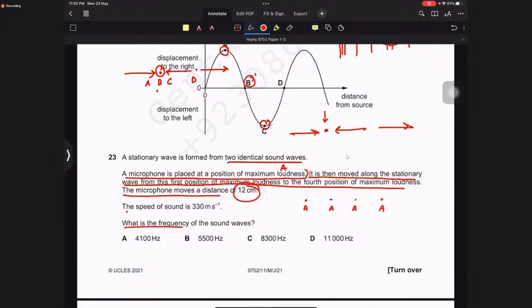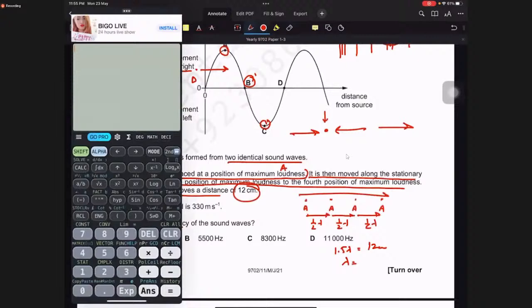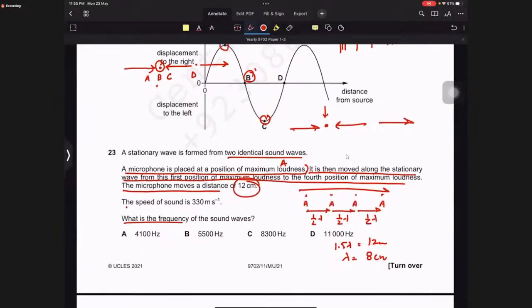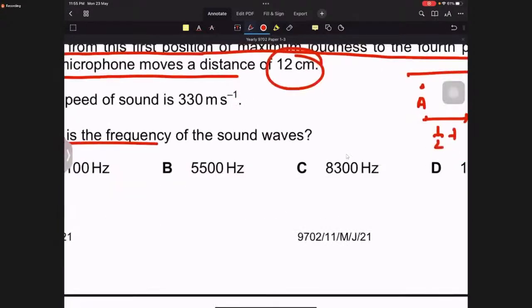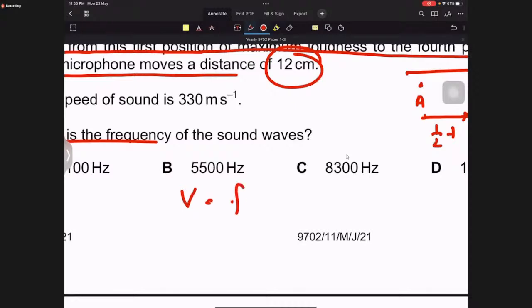So between one antinode to the next antinode, it is half lambda. Between this is also half lambda, between this also half lambda. So the total is going to be 1.5 lambdas, right? And the microphone has moved this whole distance of 12 centimeters, which means 12 divided by 1.5, so the lambda is 8 centimeters. Now, V equals F lambda.